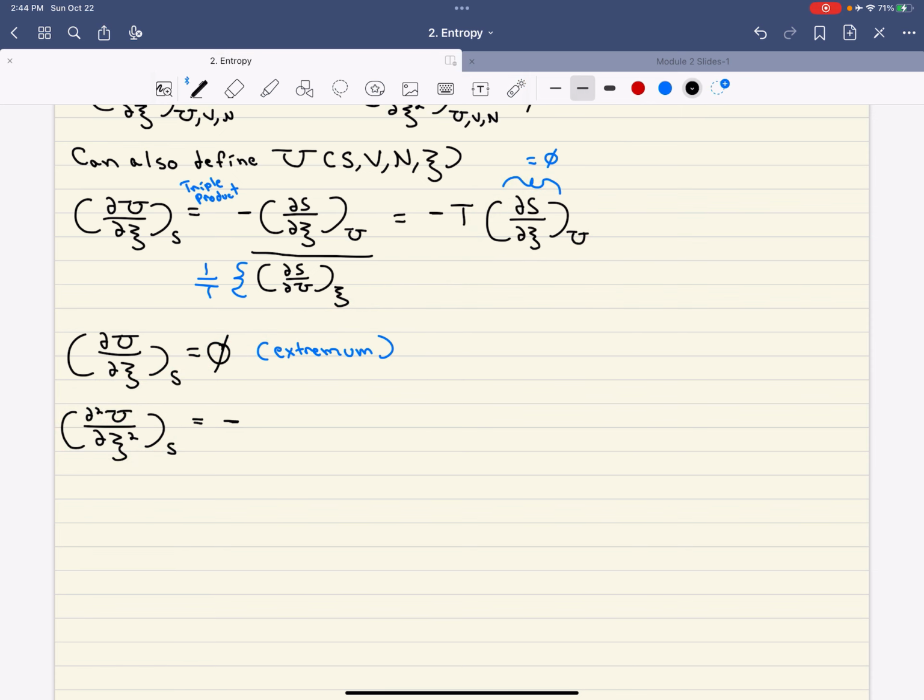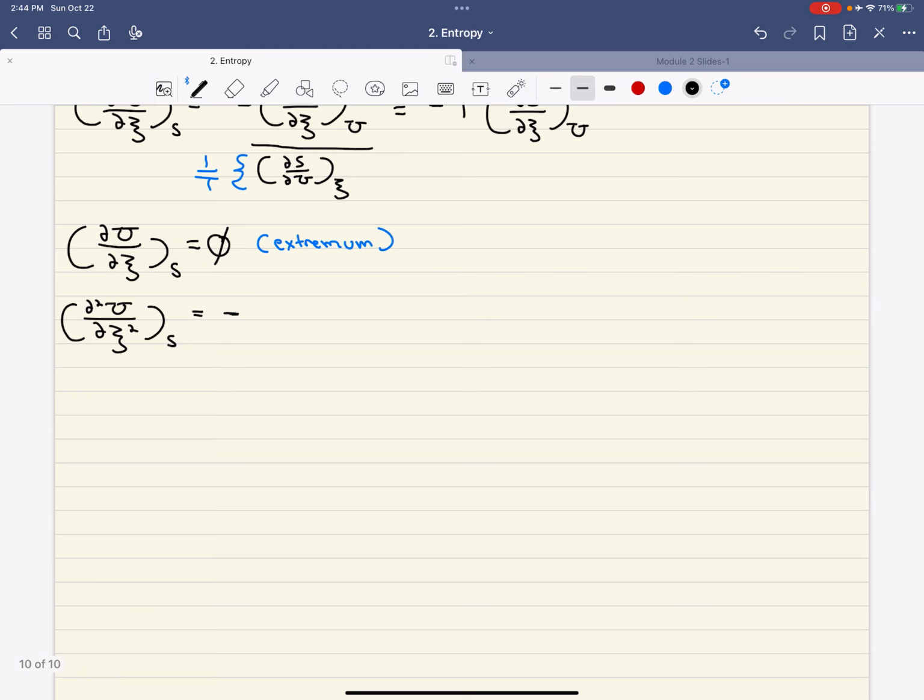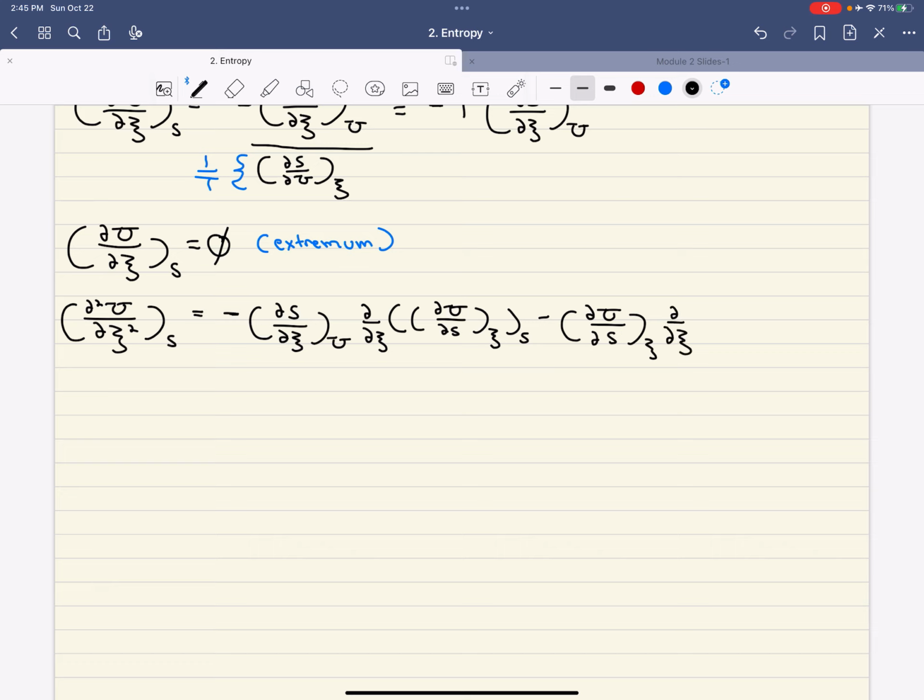If we go through with a second derivative, we get this: the partial of U with respect to S at constant psi times the second derivative of S with respect to psi at constant U, plus the other term.